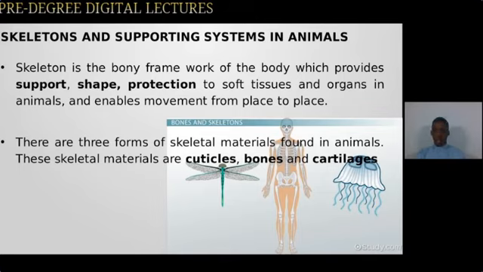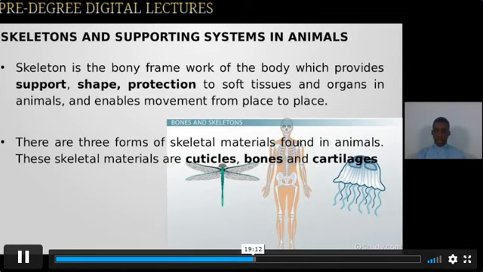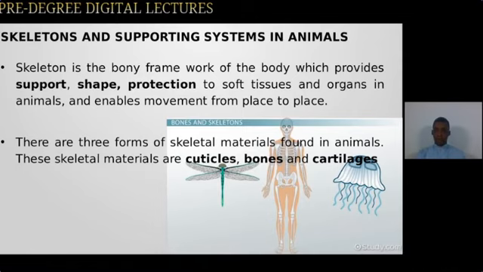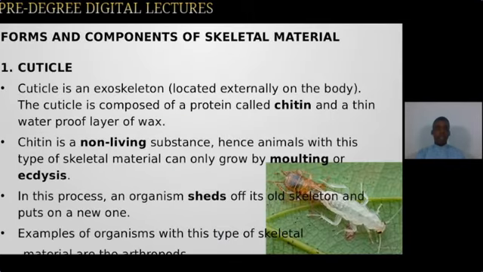And then man, you can see the skeleton inside, obviously made up of bones and some parts of cartilages. And then you see a jelly-like structure like Medusa there. It also has cuticle as well as hydrostatic skeleton. We will discuss all of this shortly.